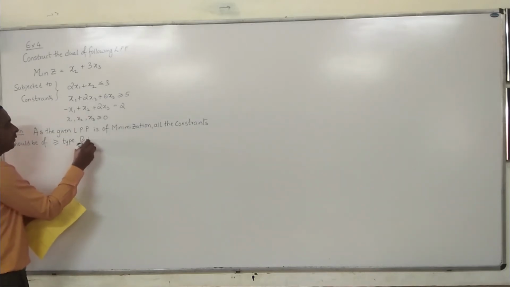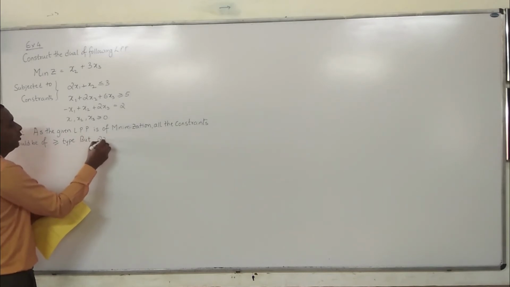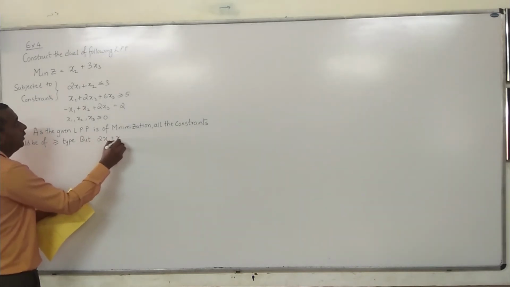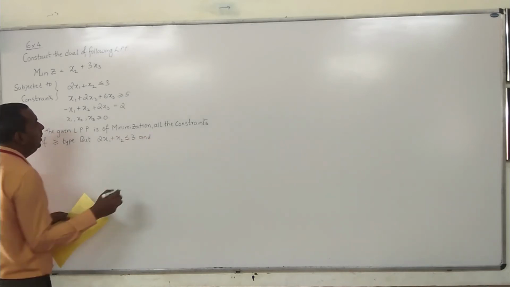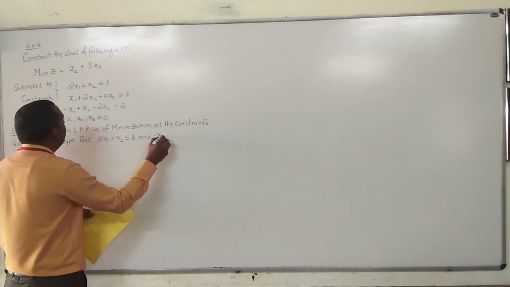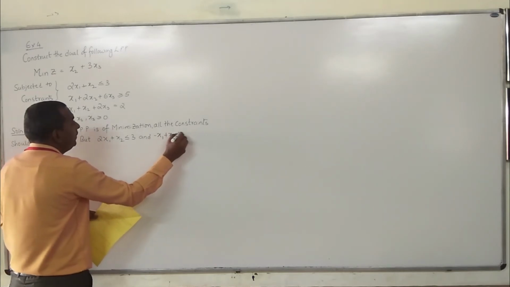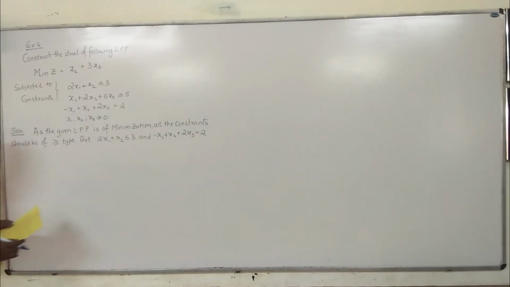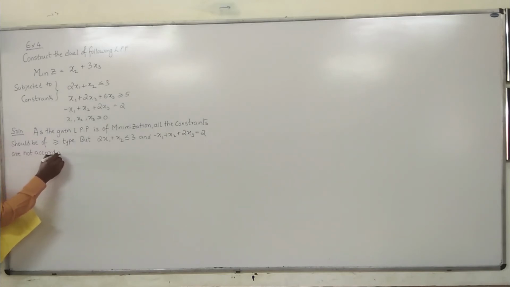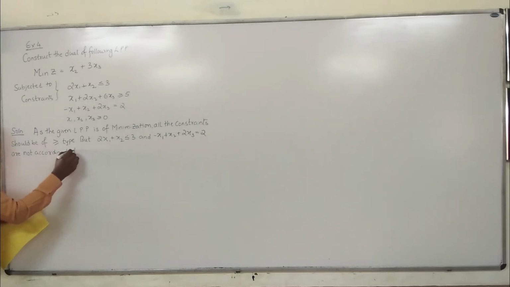But 2x1 plus x2 less than or equal to 3 and minus x1 plus x2 plus 2x3 is equal to 2 are not according to the rule.